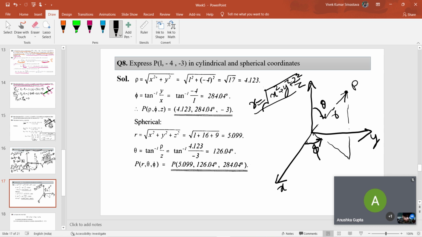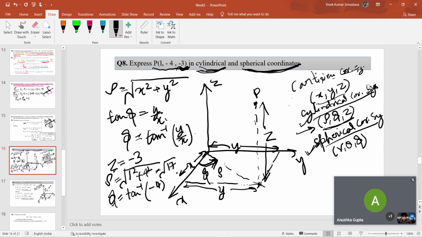So that's how you can find out the value of r. Whereas, let us take this phi, this is x, this is y, then phi is the same as the previous case in the cylindrical coordinate system.